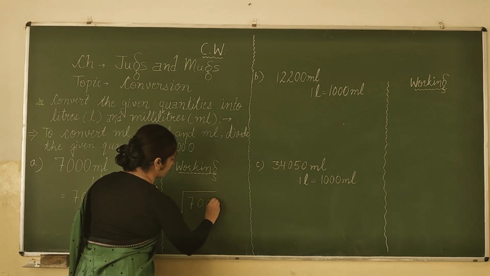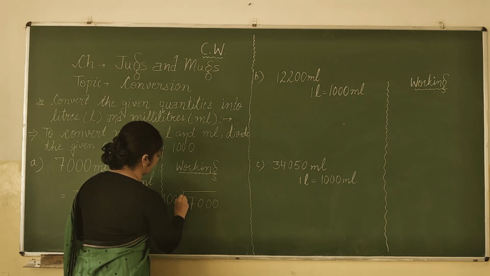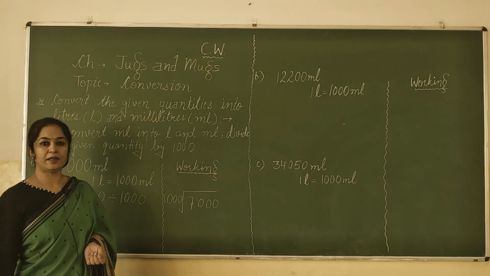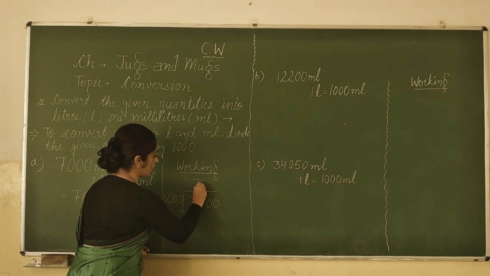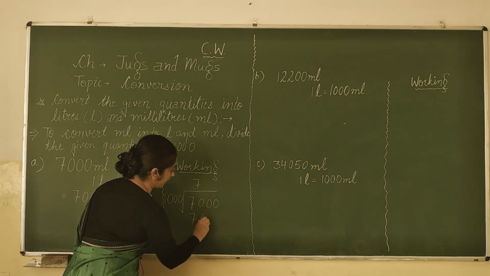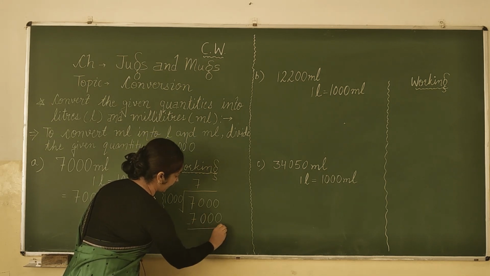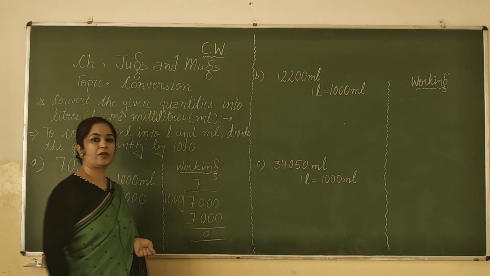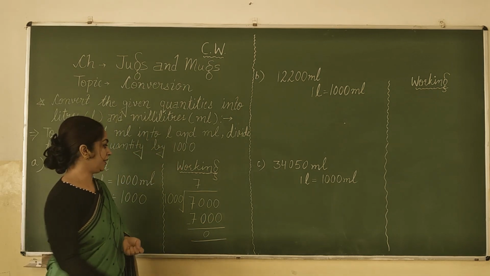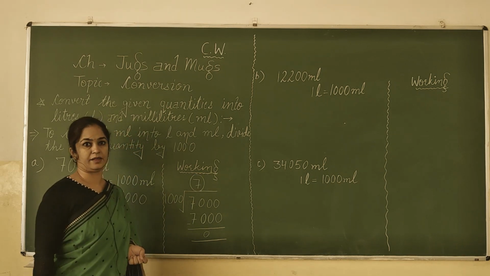7000 divided by 1000. 1000 sevens are 7000. So 7 will be the quotient and 0 will be the remainder. This quotient will be our answer.